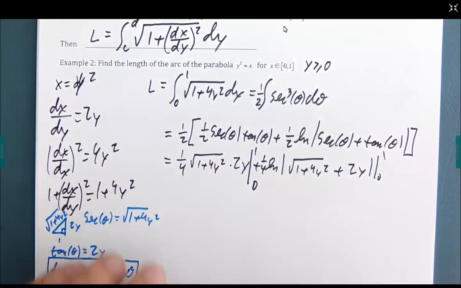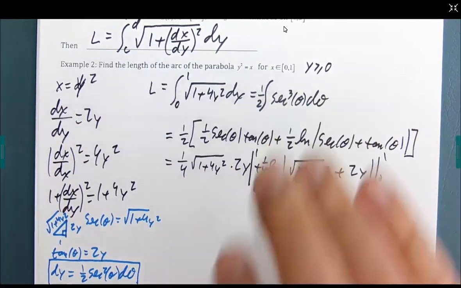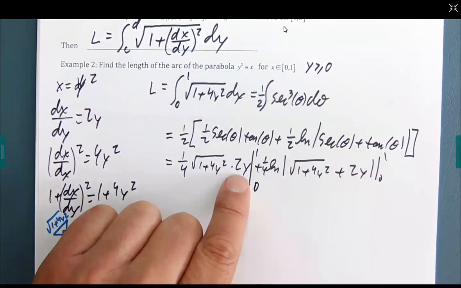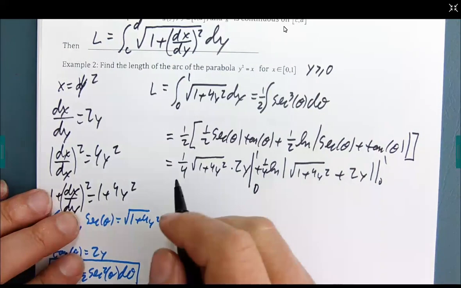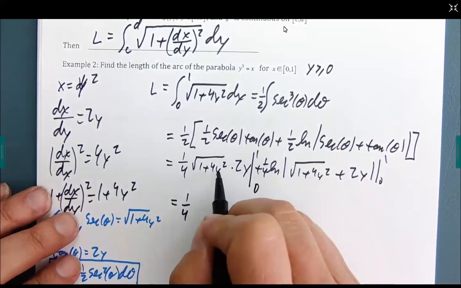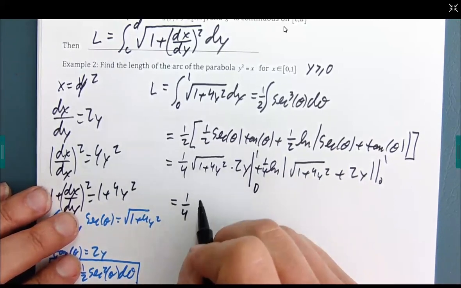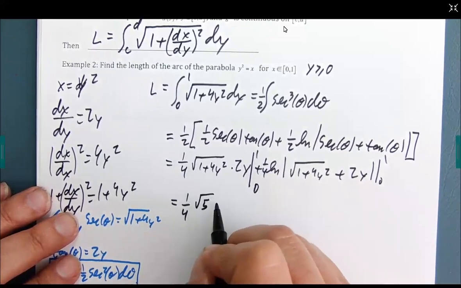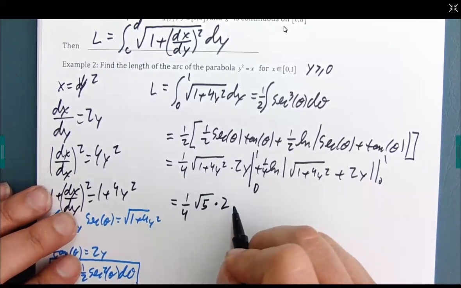Now, I'm just going to deal with this first one here. When I plug in 0, the whole thing goes to 0. When I plug in 1, here, 1 squared is 1, times 4 is 4, plus 1 is 5. Root 5 times 2.